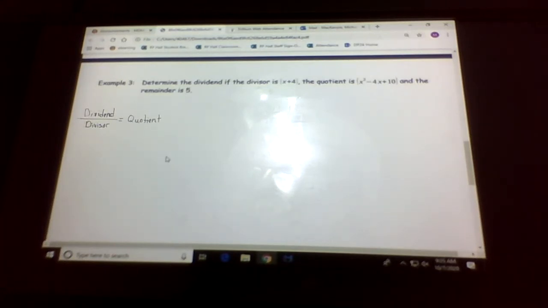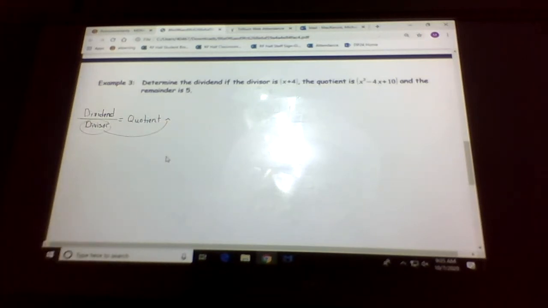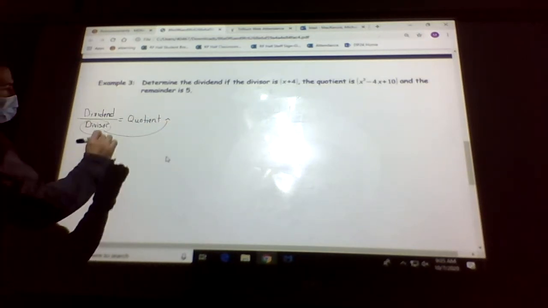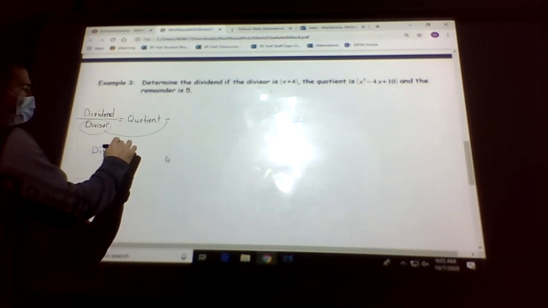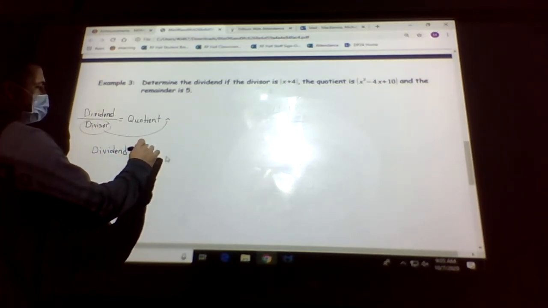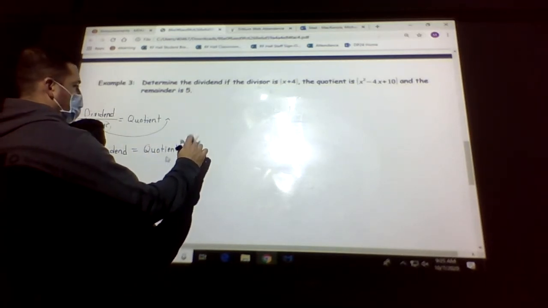Multiply them. Good. Because if you bring this over here, it becomes multiplication on the other side. So the dividend equals the quotient multiplied by the divisor.